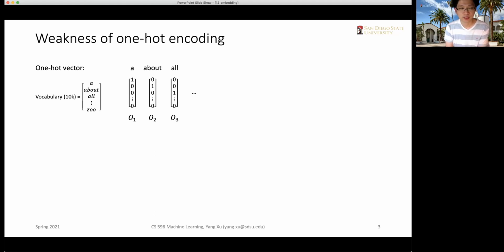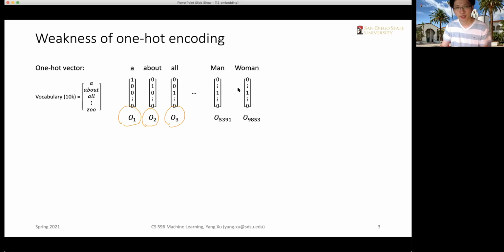Say we have 10,000 unique words in it, and the first word, the article A, will be encoded as 1000..., and about is the second word, so it will be 010000.... We will use this capital O to indicate this is a one-hot vector.